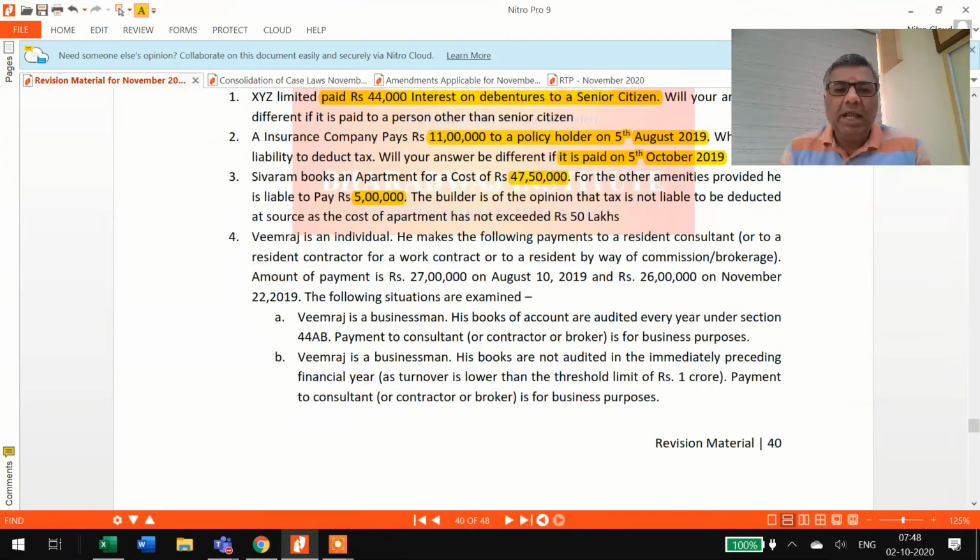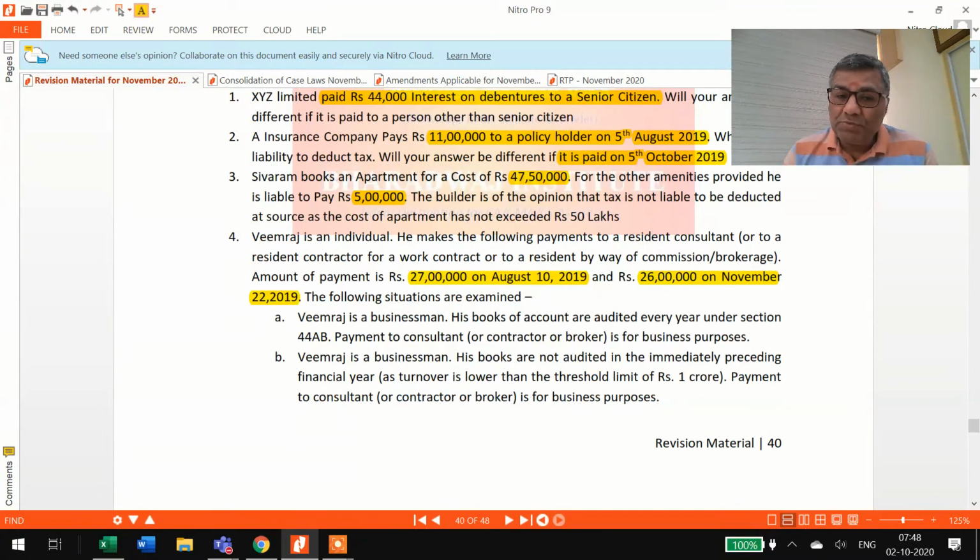Bhimraj is an individual. He makes the following payment to a resident consultant or to a resident contractor for works contract or to a resident by way of commission and brokerage. Amount of payment: 27 lakhs on August 10, 2019 and 26 lakhs on November 22, 2019.